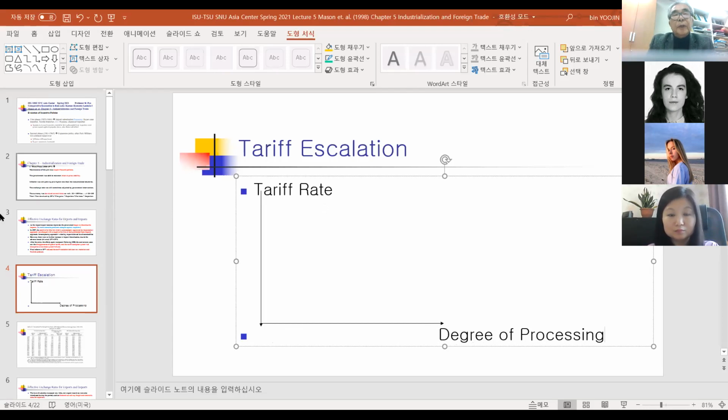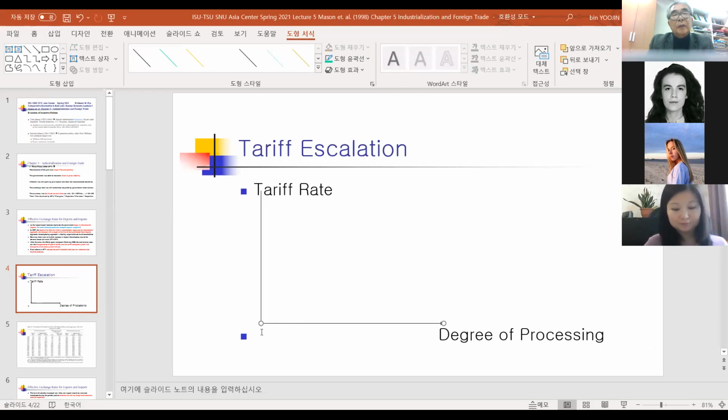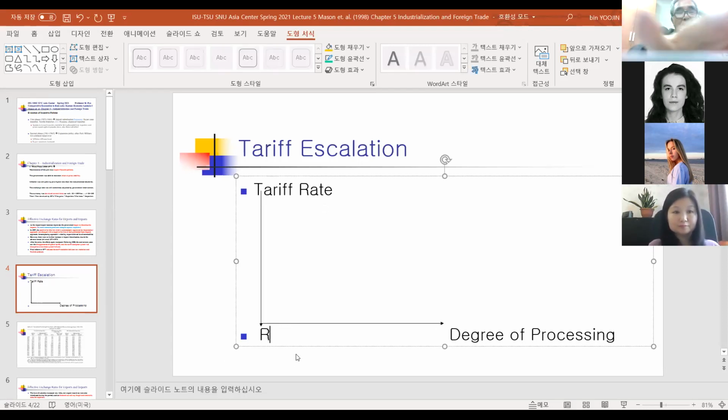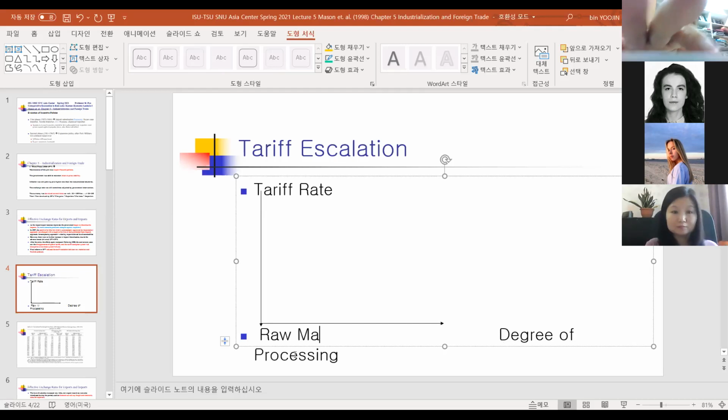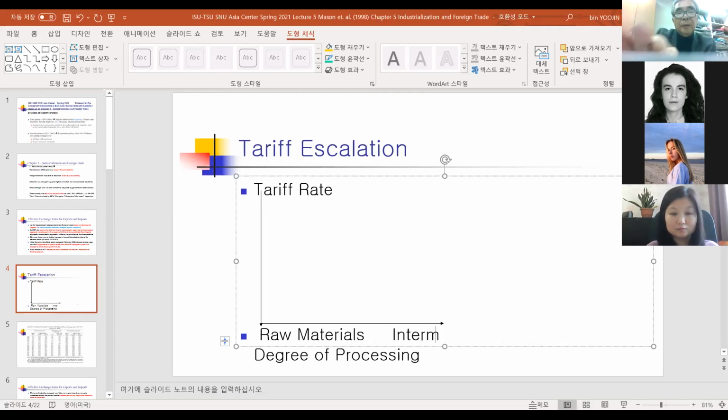So for example, suppose this is raw materials, here you have intermediate goods, and here you have final goods. And this is all the degree of processing.